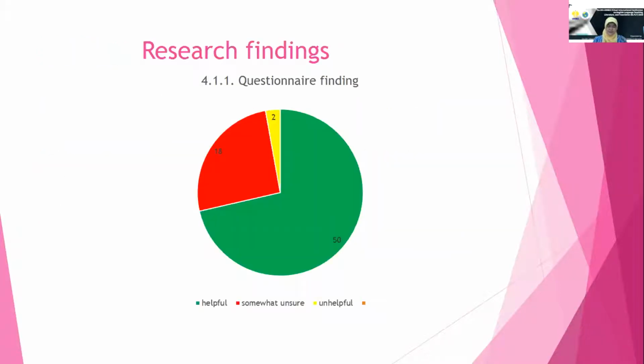If I can present it in a pie chart, the green one represents students that find the popular belief helpful for their studies, while these 18 students, the red one, are not sure about it, and the remaining two students feel that the popular belief did not do any benefit for them in studying English.